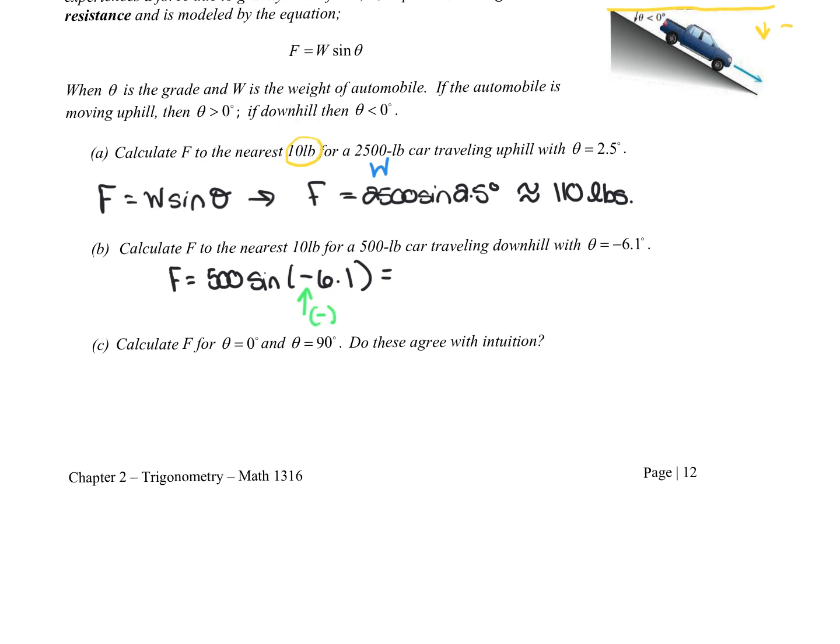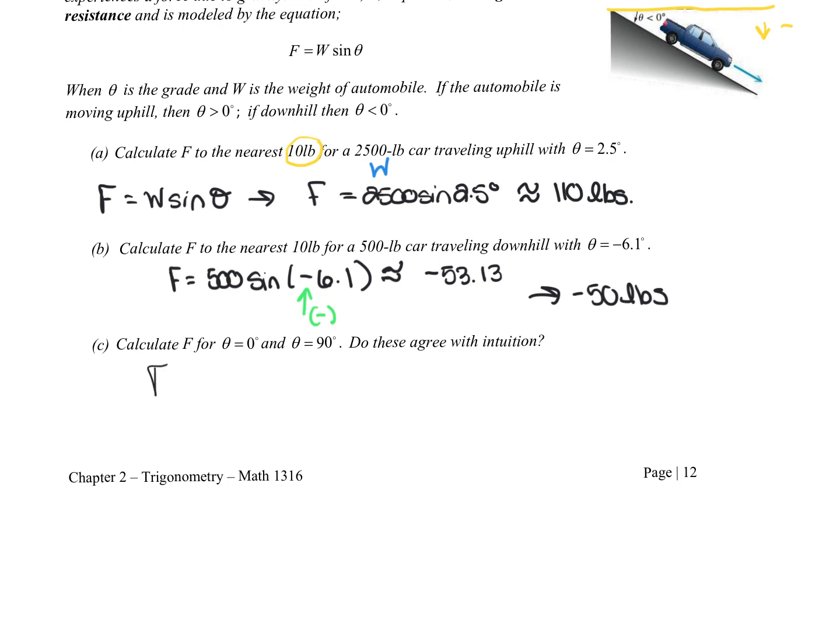Otherwise, it'll say syntax error. You got to use that negative button. It's down in the keypad part, not on the side with the plus and minus buttons. And when you do, you get negative 53.13 pounds. It says round to the nearest 10, so negative 50 pounds.